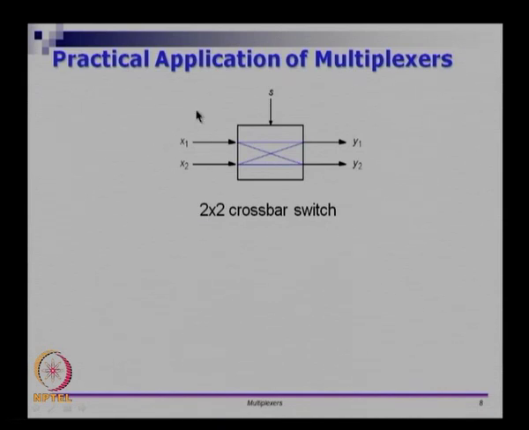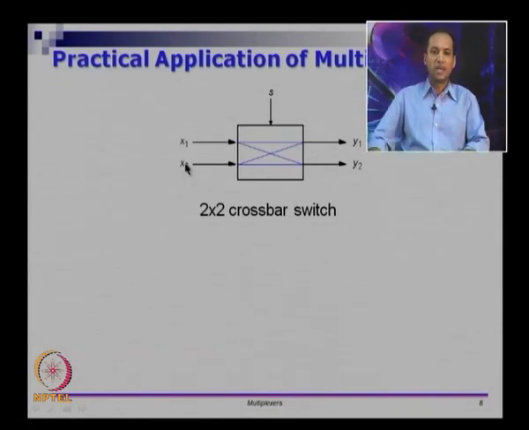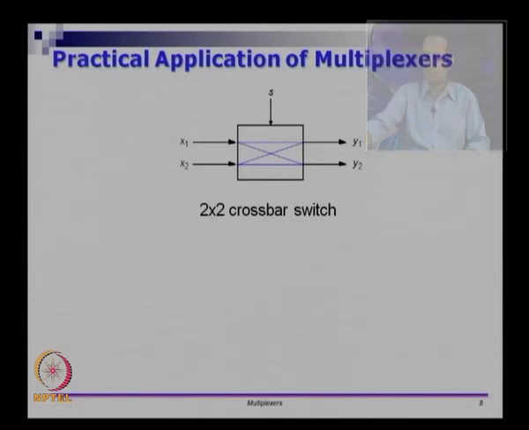We want to be able to make any one of them connect to any one of them. So such a circuit is called a crossbar switch. A crossbar switch is one in which any of the inputs can connect to any of the outputs based on what is the select. So this is a very useful application, because you will see this in telephone switches and inside circuits and so on.